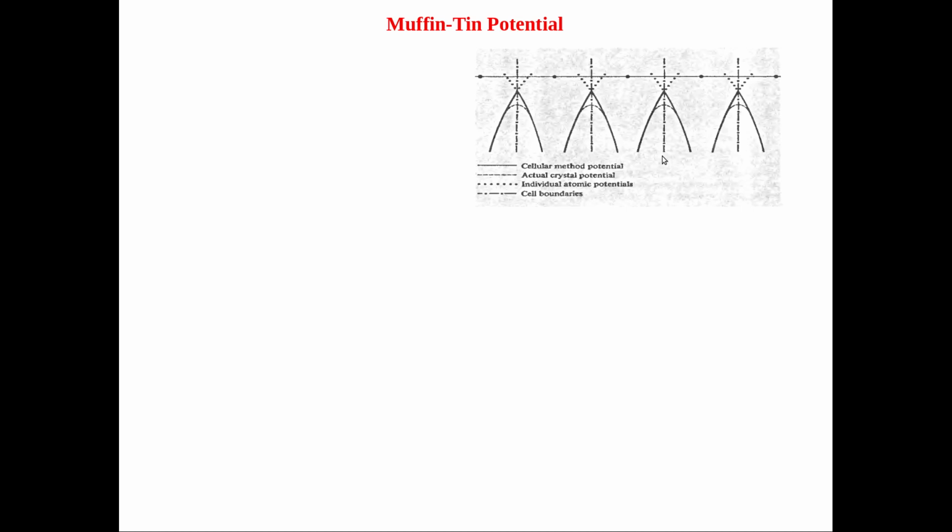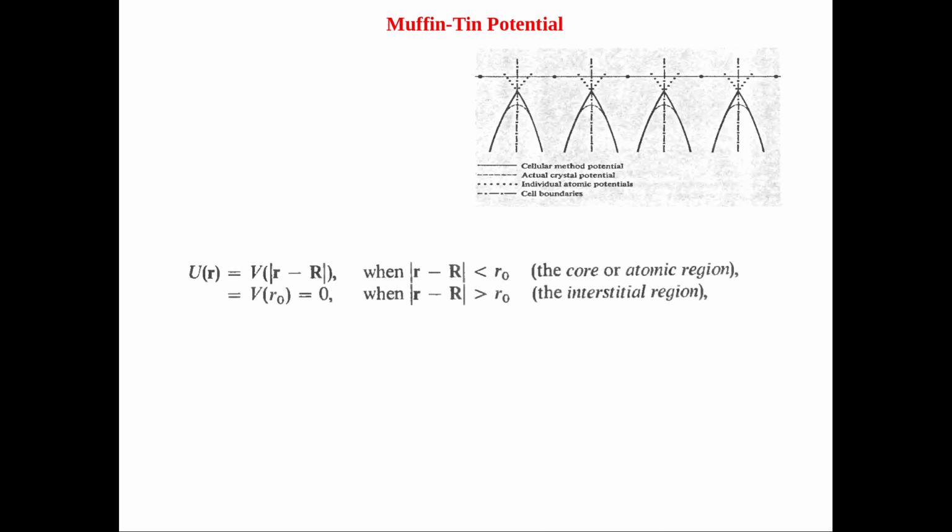So to improve this, the muffin tin potential was proposed. And this muffin tin potential is used in most electronic structure calculation codes. ELK is one such code which uses the muffin tin potential. Quantum Espresso is another, WIEN2k, for example. And I think most of the codes use this in one form or another.